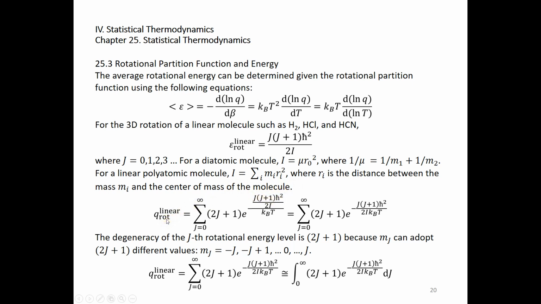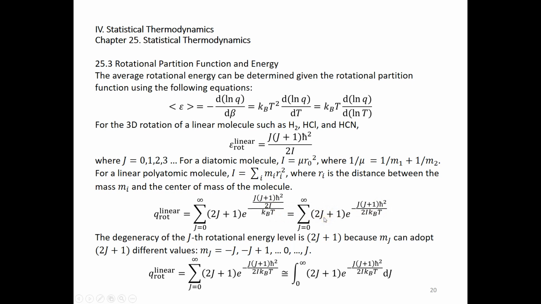The rotational partition function for a linear molecule is the sum of (2J plus 1) times this exponential function, e to the power of negative J times (J plus 1) times h bar squared over 2I, over k_B T. Or it can be written as the sum of (2J plus 1) times e to the power of negative J times (J plus 1) times h bar squared over 2I k_B T. I just placed this 2I on the bottom.